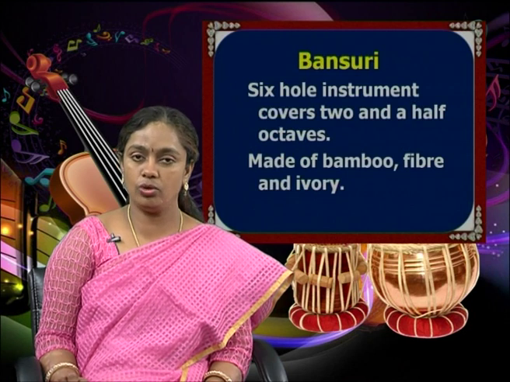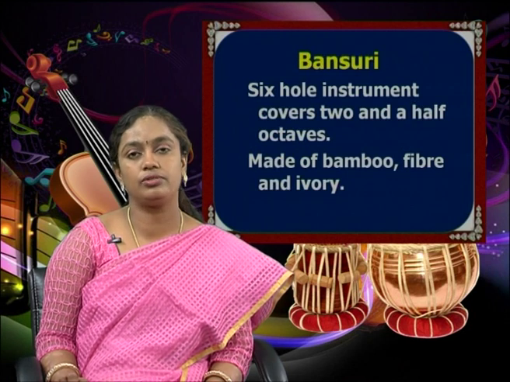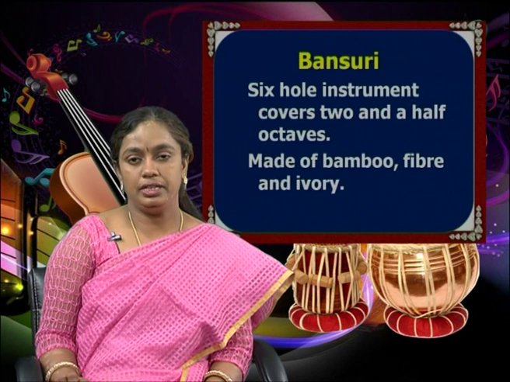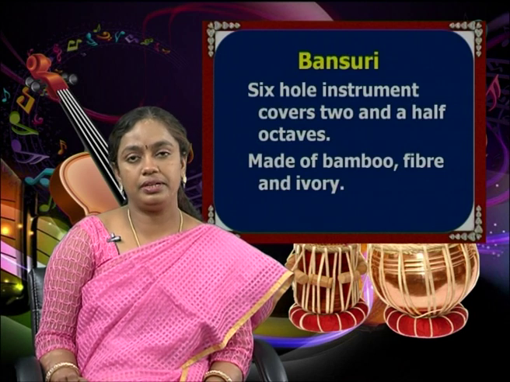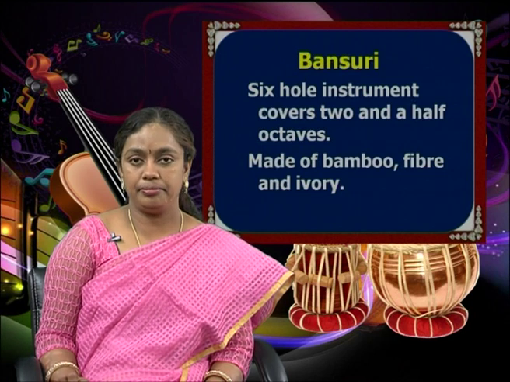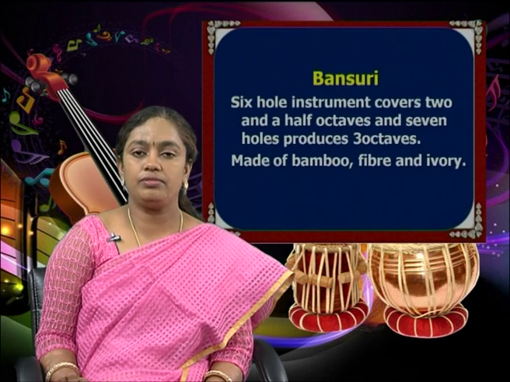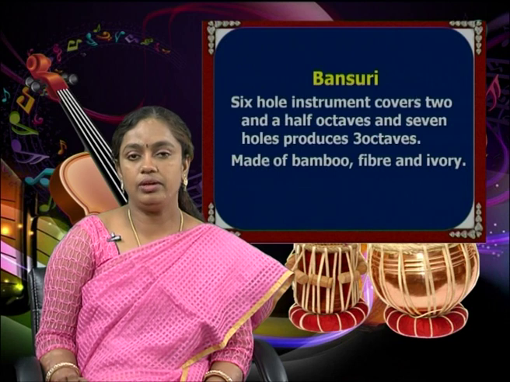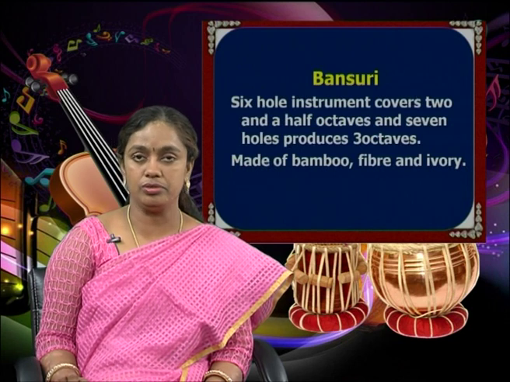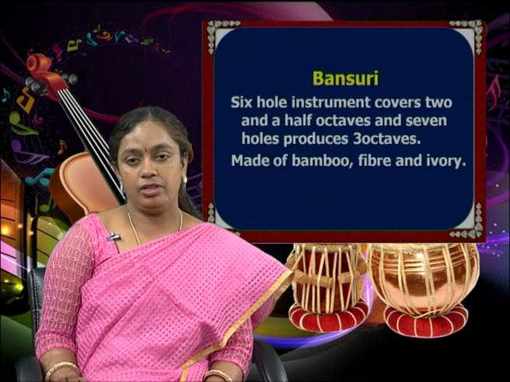A 6-hole instrument covers 2.5 octaves and 7 holes produce 3 octaves in the music, and it is made of bamboo, fiber and ivory. You can see the bansuri picture here.